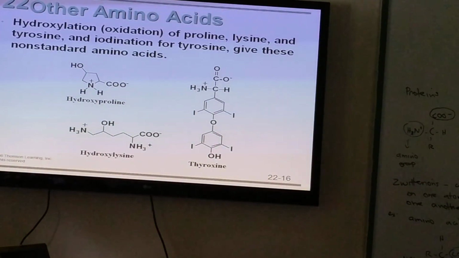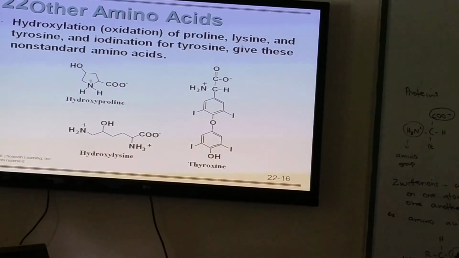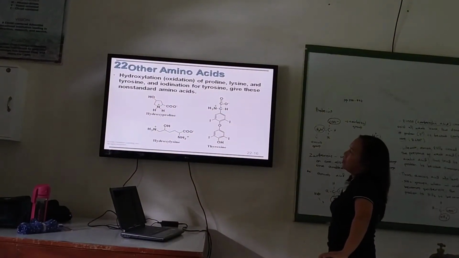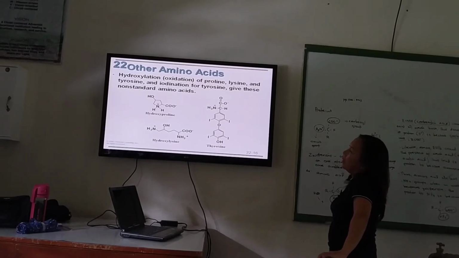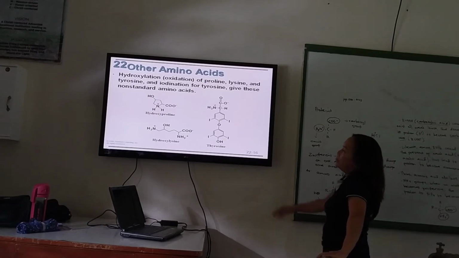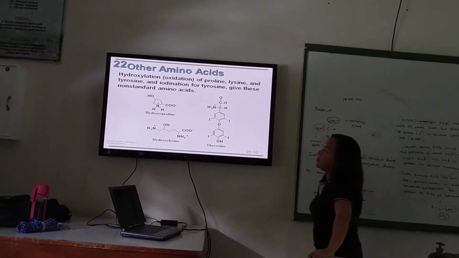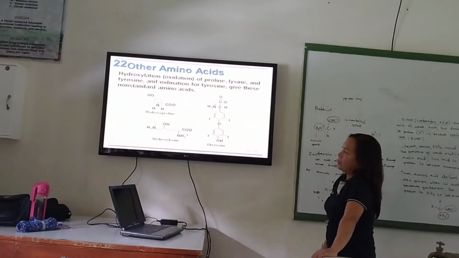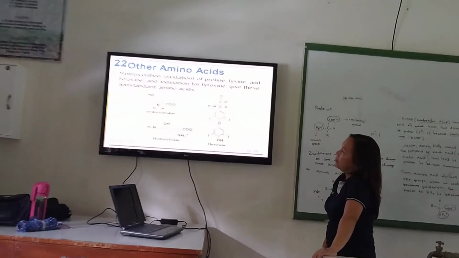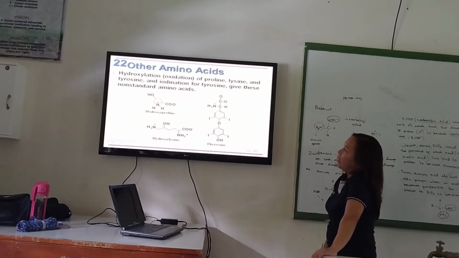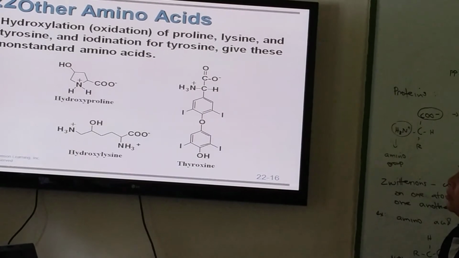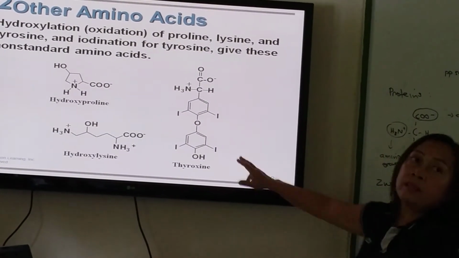When we say hydroxylation, that is oxidation. Oxidation of proline, lysine, and tyrosine. Iodination of tyrosine means the addition of iodine. That gives non-standard amino acids. So when you add iodine to specific amino acids, through iodination, it is no longer in standard form.